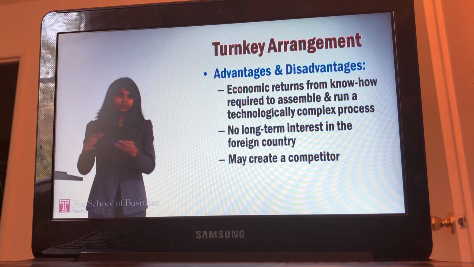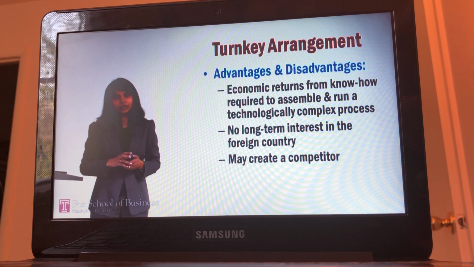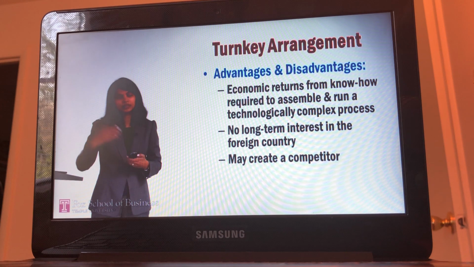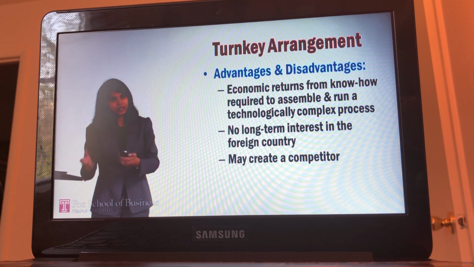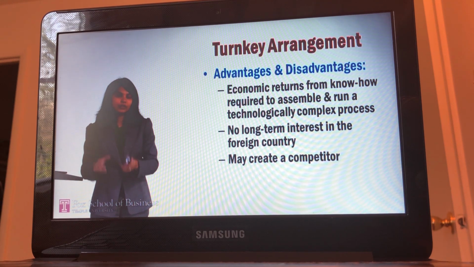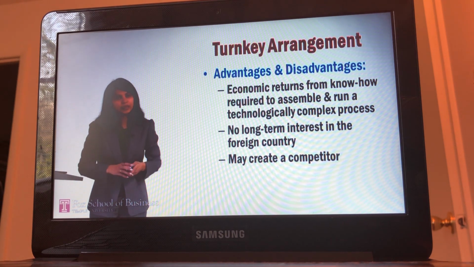So instead of ignoring that market, I have this other option. I can get this contract from a local firm that doesn't know how to build an oil refinery. I'll just take this contract, build the oil refinery for that local firm, hand over the key, and in turn I'll get some money out of my expertise.